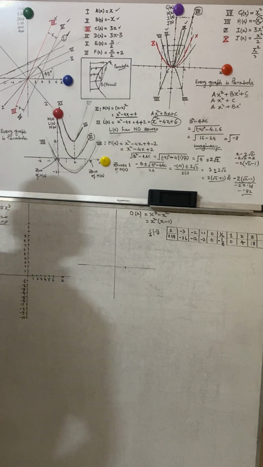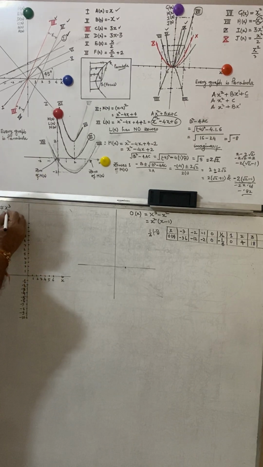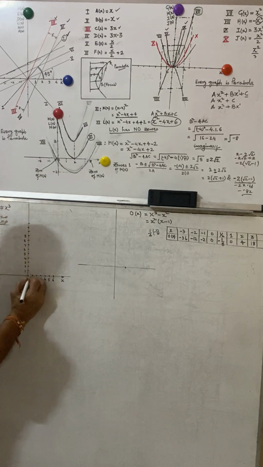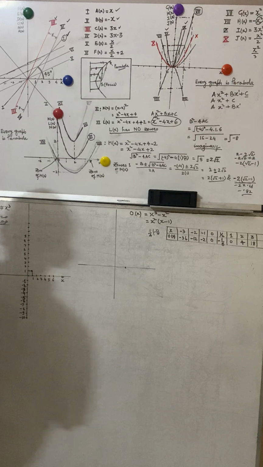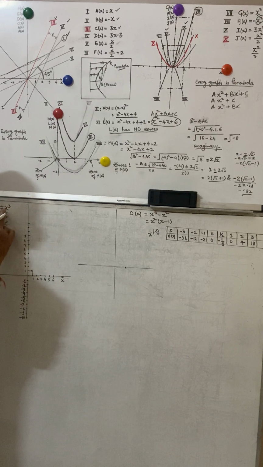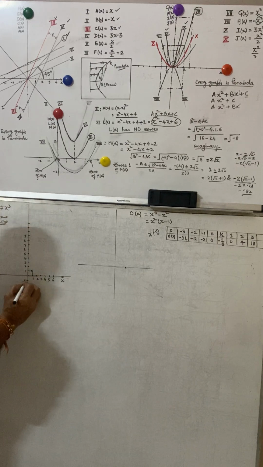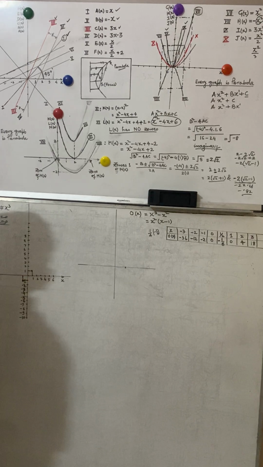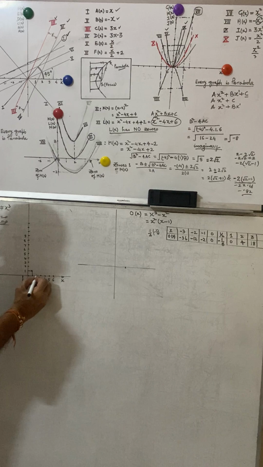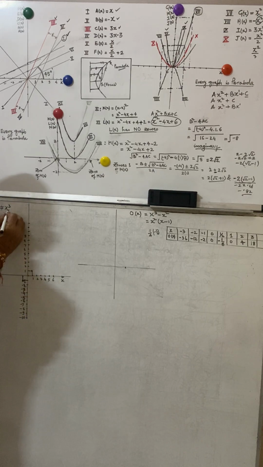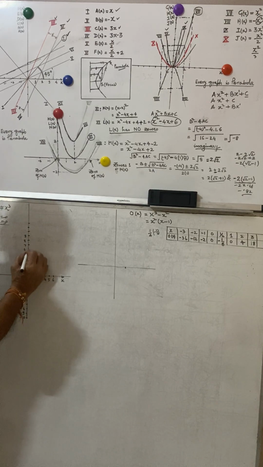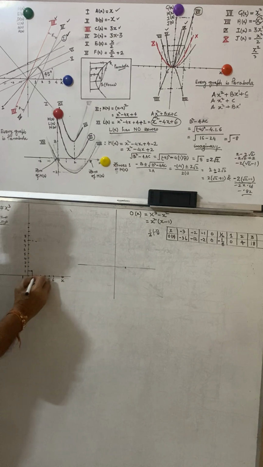Now, when x is equal to 1, the value of the polynomial will be 1, so this point. When x is equal to minus 1, cube is minus 1, so the value of the polynomial is on this side. When x is equal to 2, 2 cube is 8, so the value of the polynomial is 8, so this point.